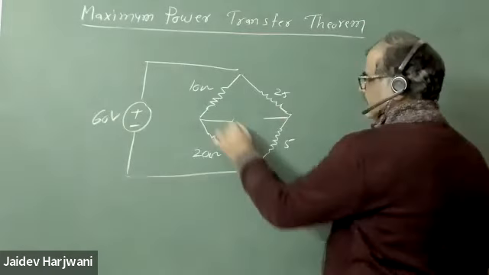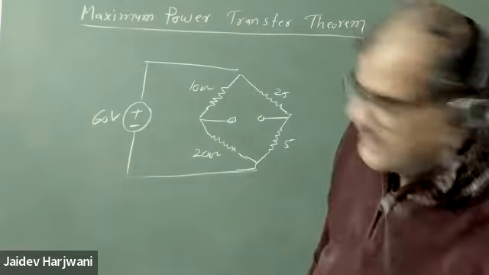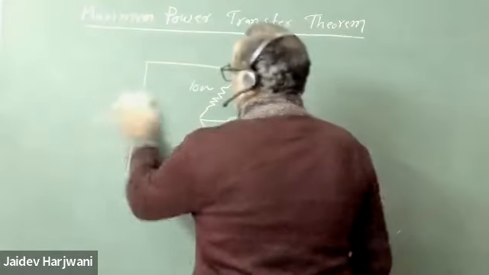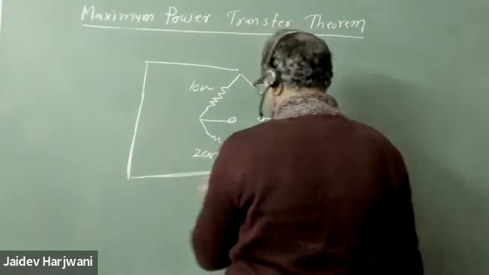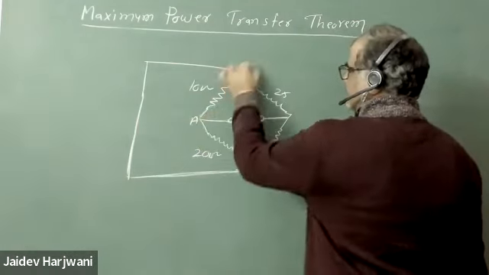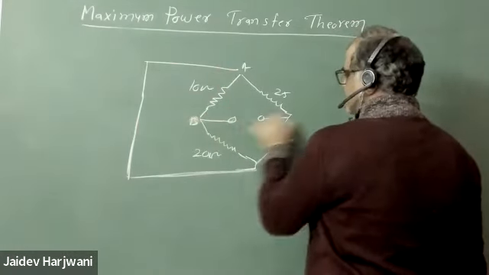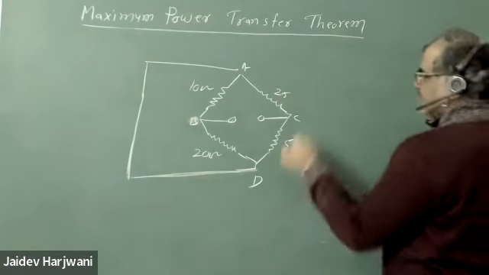Whatever resistance comes, that will be R Thevenin. So for R Thevenin I need to short this source. Say this is my terminal A, this is my B, this is my C and D. Now can you find what is R Thevenin here?